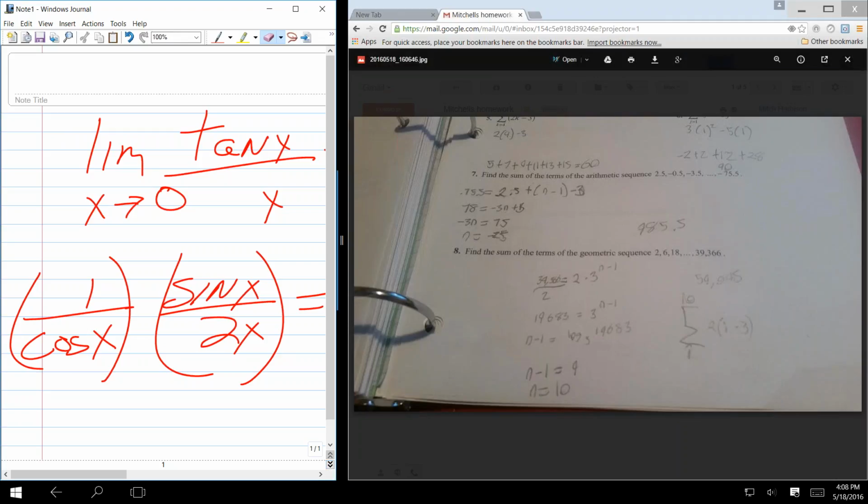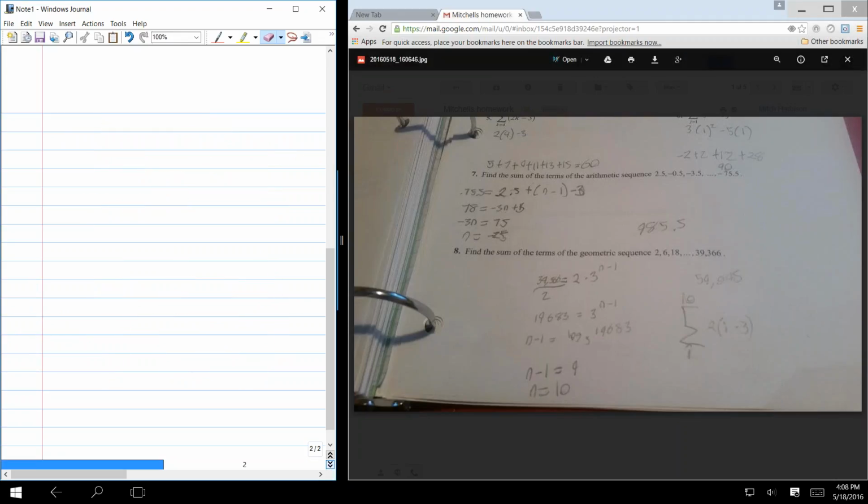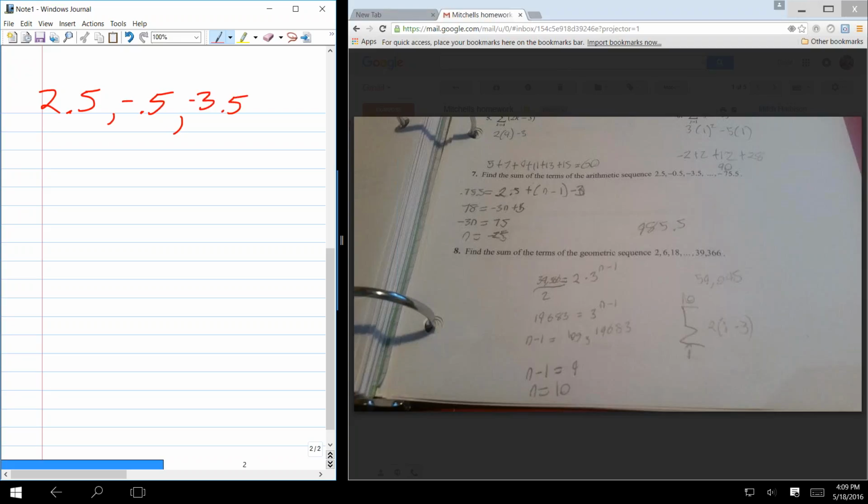Hold on. Well, let's write a couple of these terms. What kind of sequence is this? Is it arithmetic or geometric? Arithmetic. Correct. 3 terms tell us that.